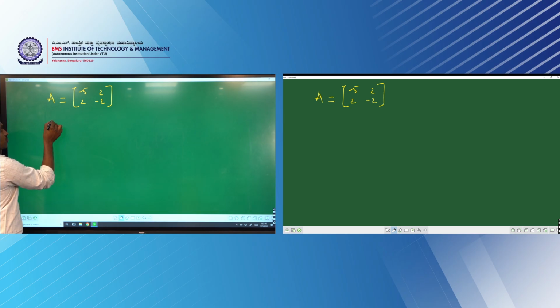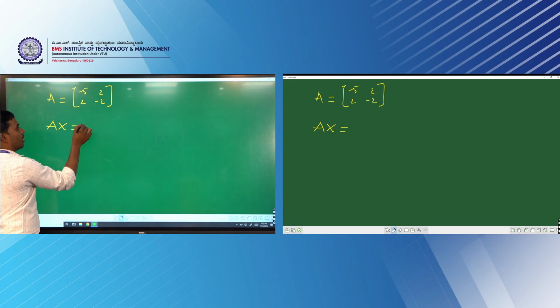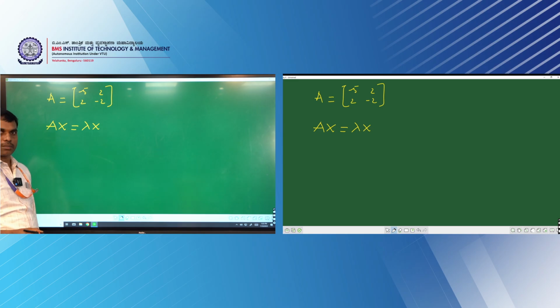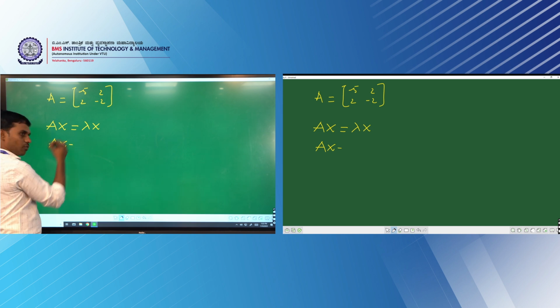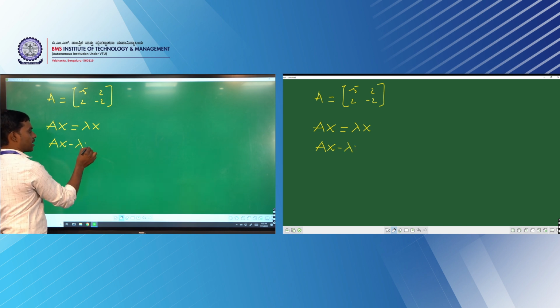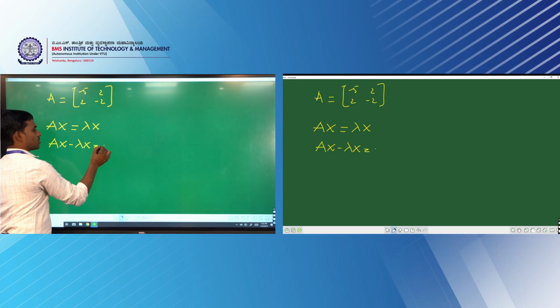The definition of eigenvalues and eigenvectors is Ax equal to lambda x, where x is the eigenvector and lambda is the eigenvalue. So now what will we do? If we take this to the other side, Ax minus lambda x equal to 0.